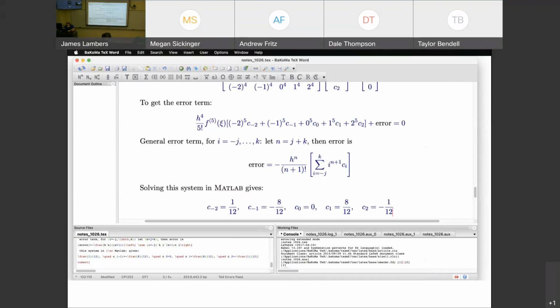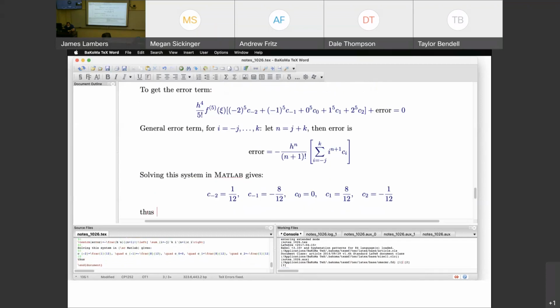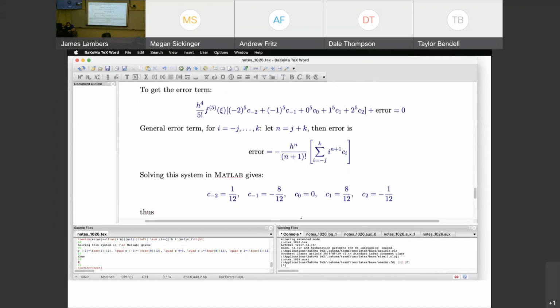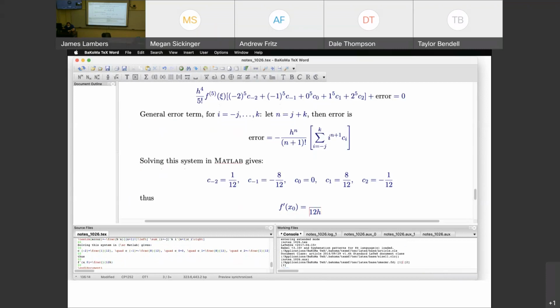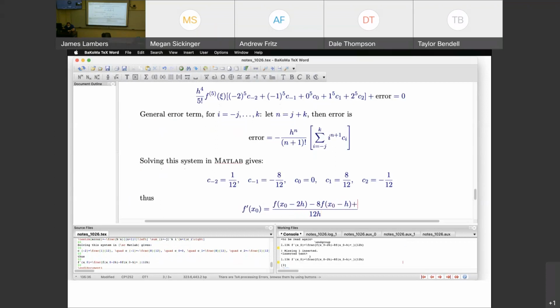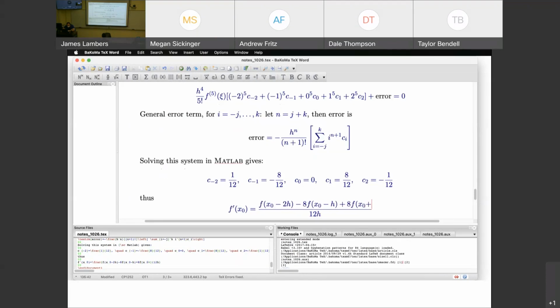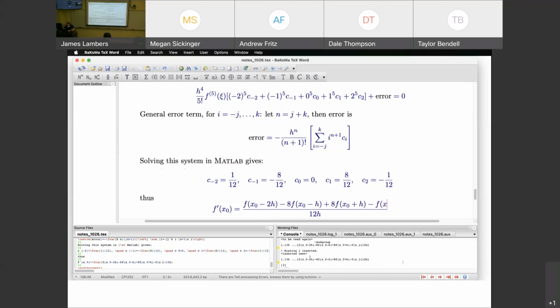Okay, that's all of them. So here's our approximation. F prime is equal to, so I have f of x naught minus 2h, minus 8 f of x naught minus h, plus 8 f of x naught plus h, minus f of x naught plus 2h.